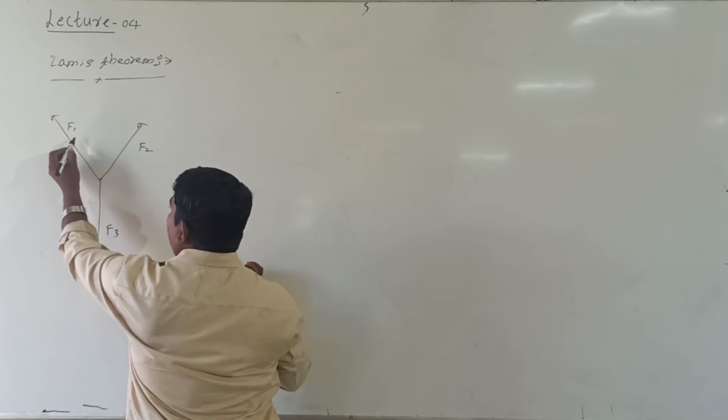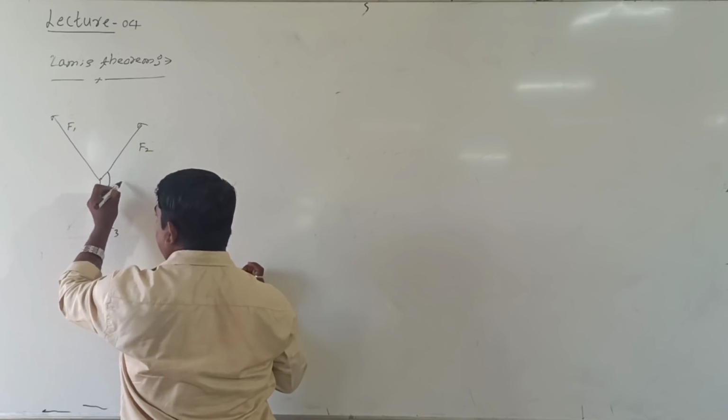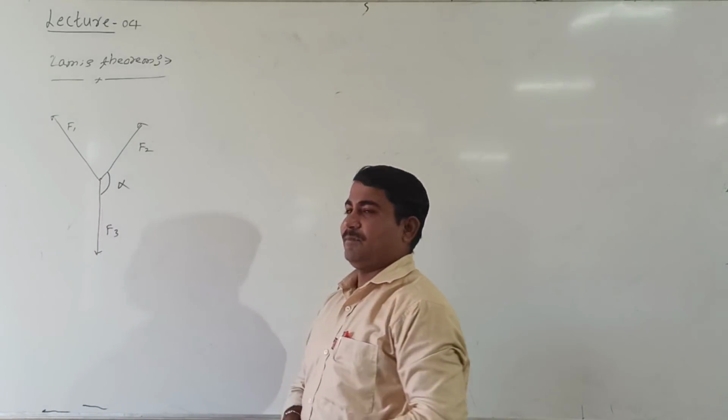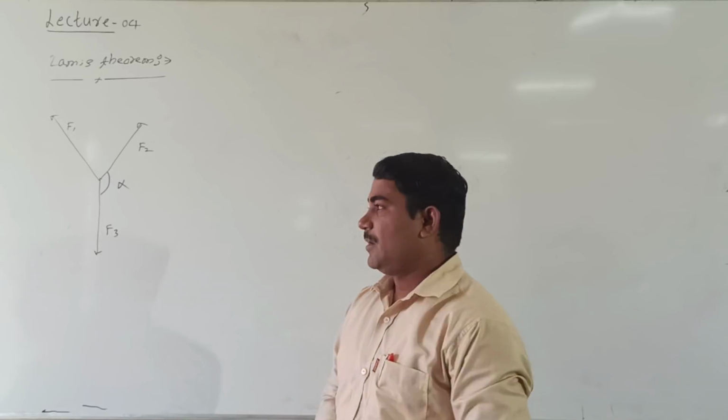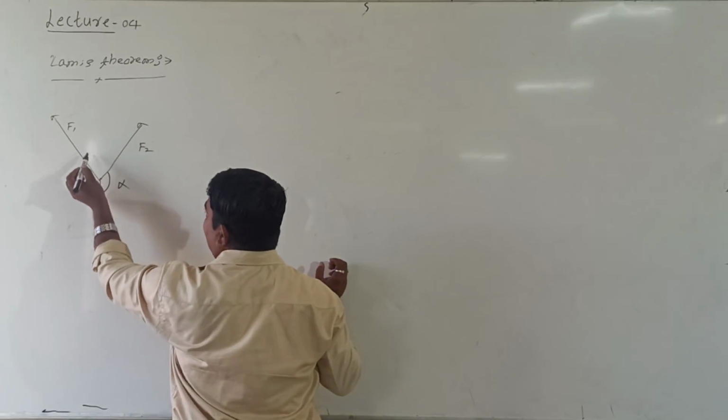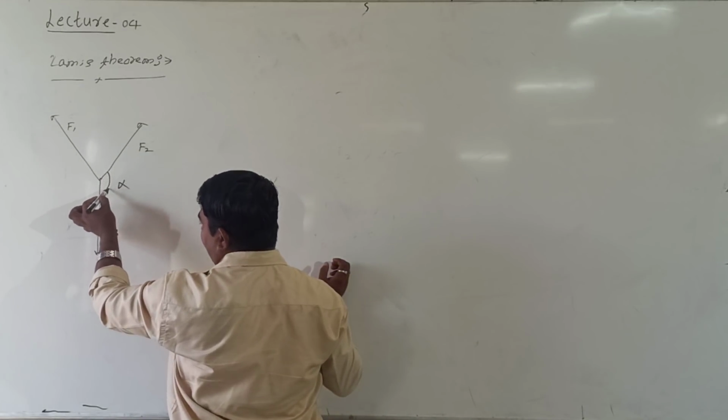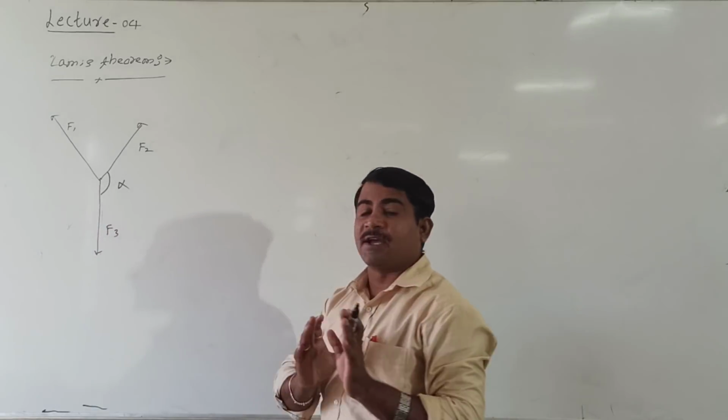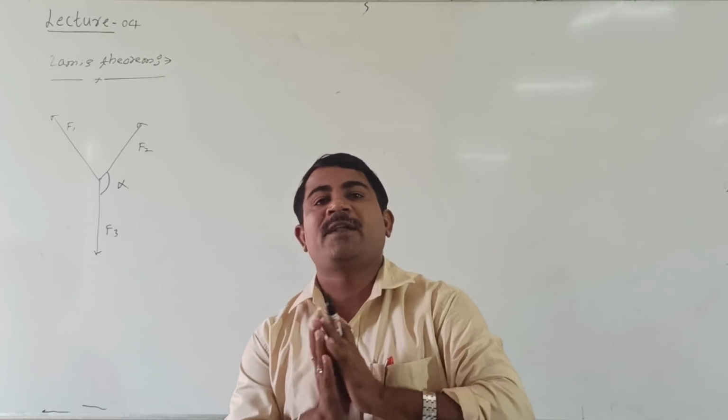In between F1 and F2, what about this angle? This angle is alpha. What does Lami say? The magnitude of force F1 is directly proportional to the sine of the angle between F2 and F3, if they are in equilibrium.